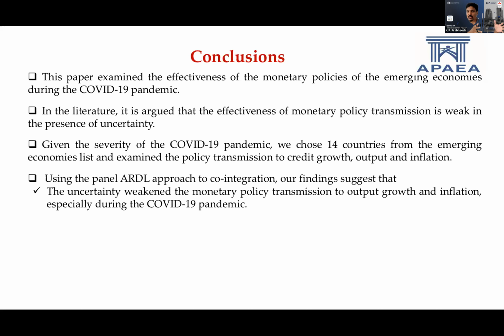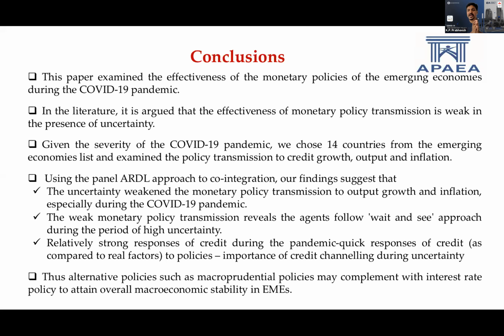Therefore, the credit channel could be more effective during uncertainty. In this scenario, we also suggest that alternative policies such as macroprudential policies may complement interest rate policy to attain overall macroeconomic stability in emerging market economies.